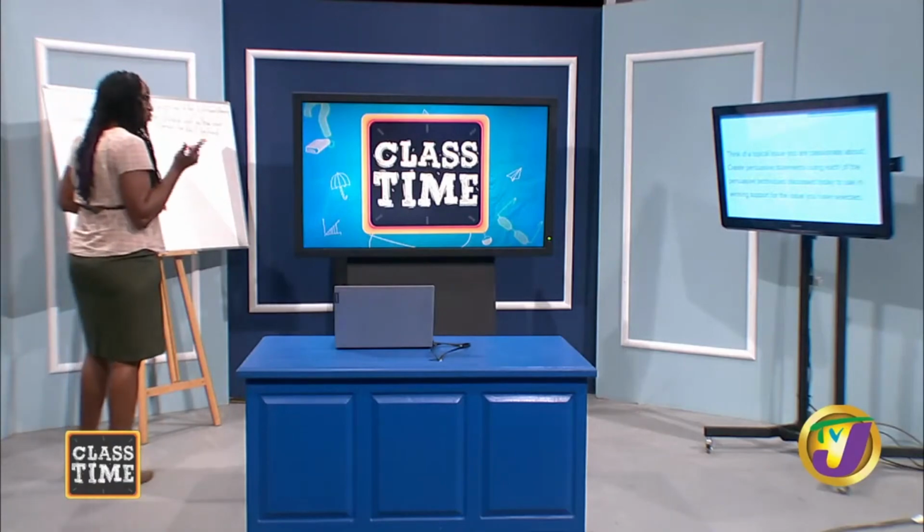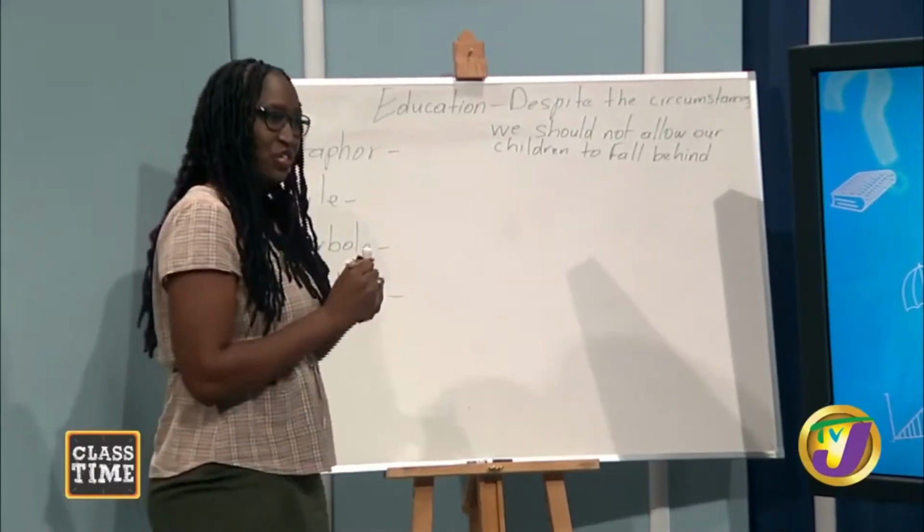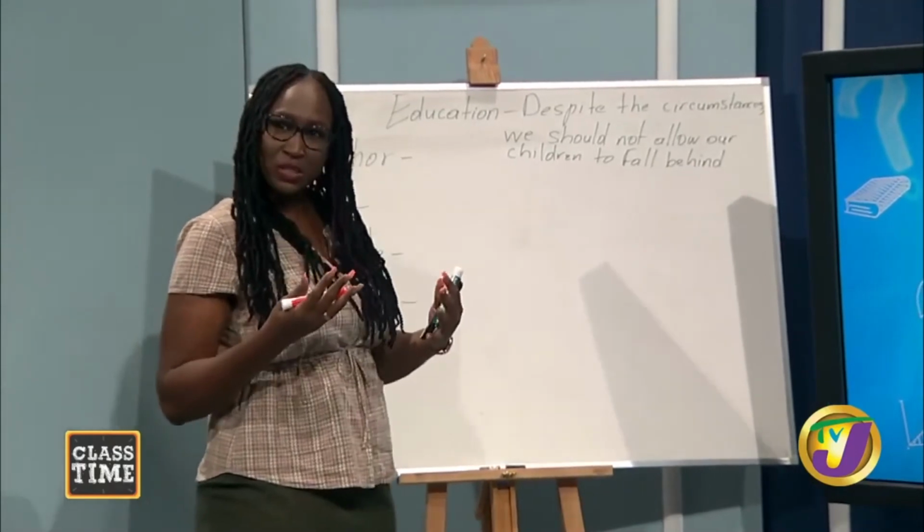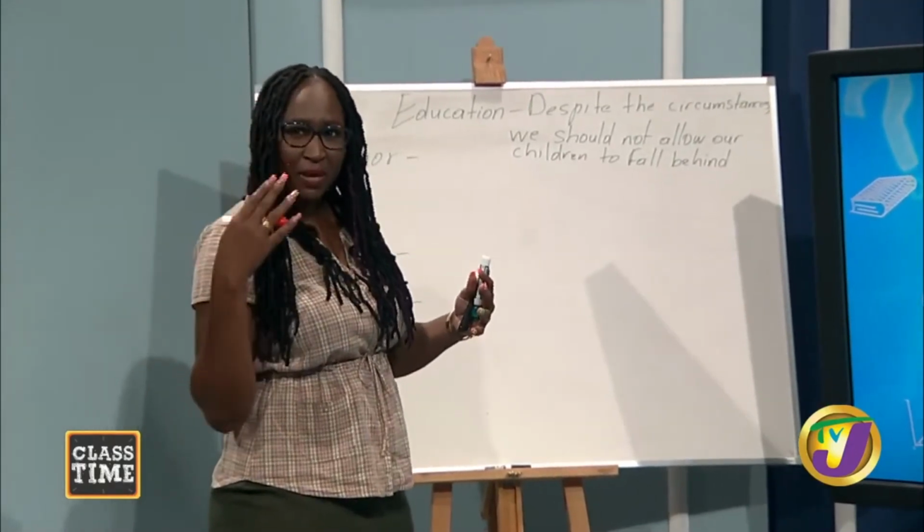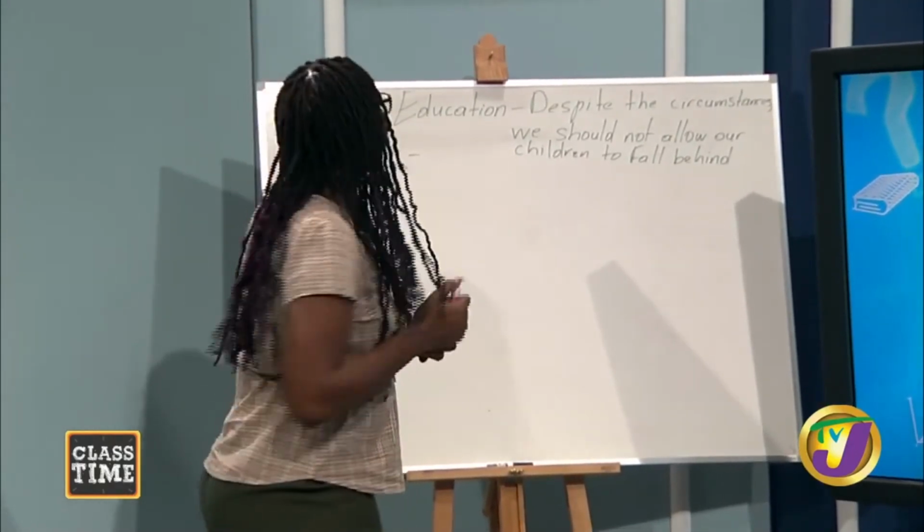So if you think back to what we did earlier, we had mentioned the idea of children being like what? You remember? Think back. An oasis. Good.